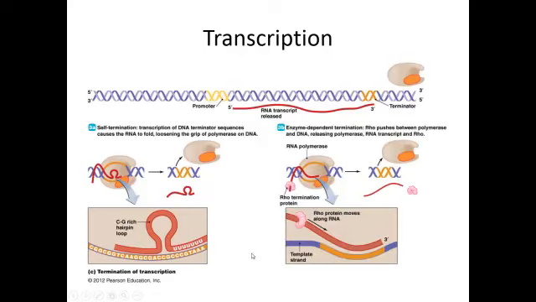So we need to use what's called a rho protein. This rho protein is kind of circular, slides itself onto the end of the RNA transcript, and slides up, and it slides between the RNA and the template strand and just kind of pops it right off.